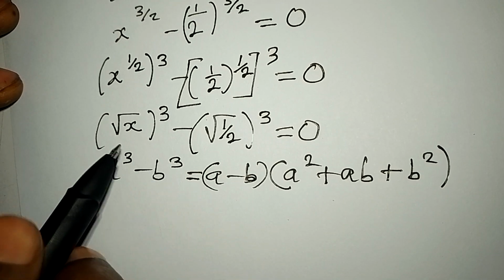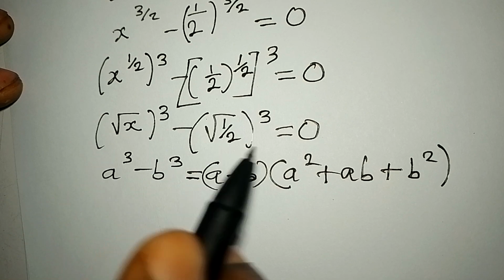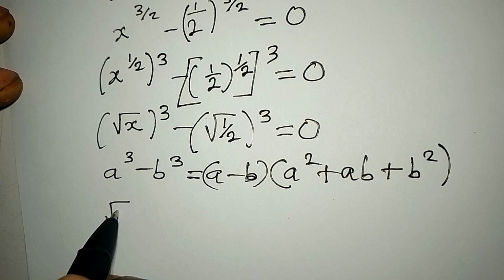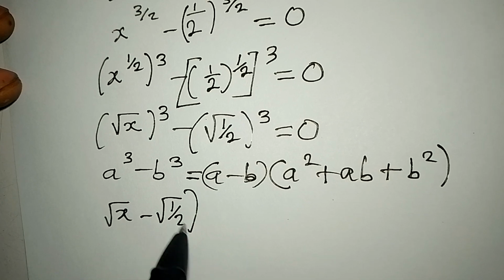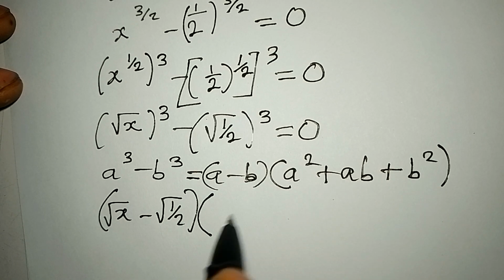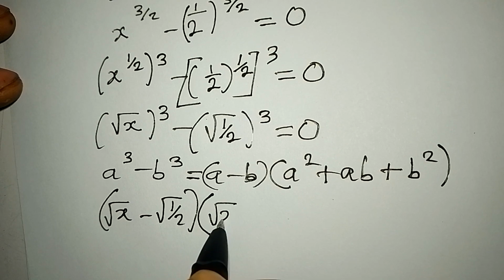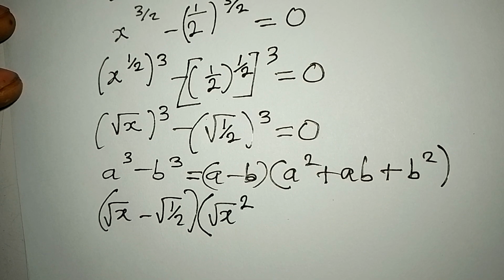So that in place of a and b, we're going to put root x and root 1 over 2. So here we have root x minus root 1 over 2 in the first bracket. Then in the second bracket, which is here, we're going to have root x to the power of 2. That's root x squared.